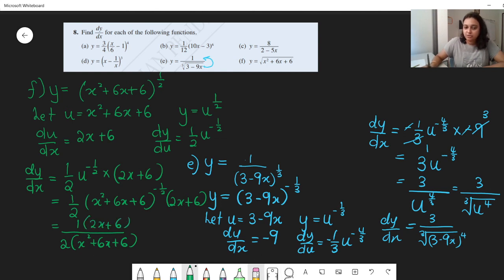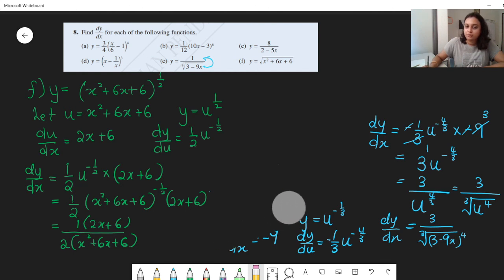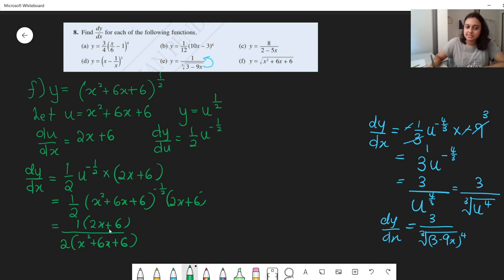Now in this case, usually if you feel that the equation can be simplified, you need to simplify. But if the expansion or the power is too big, then you don't expand. In this case we can simplify.